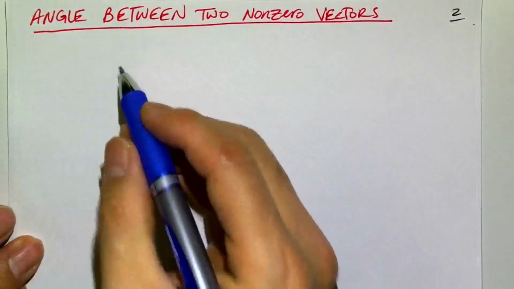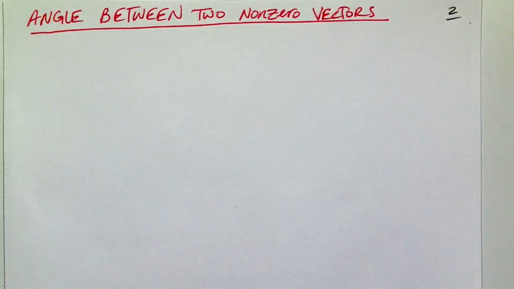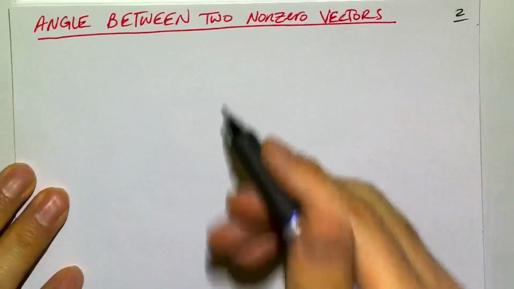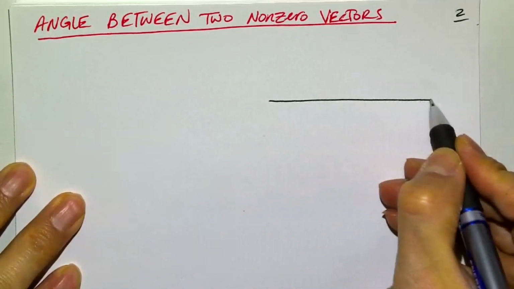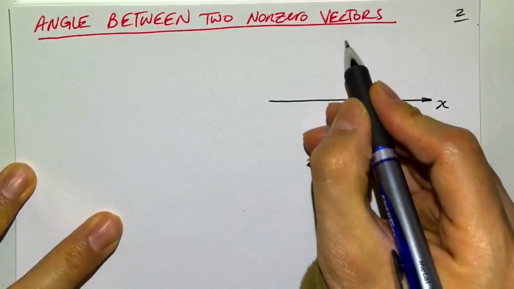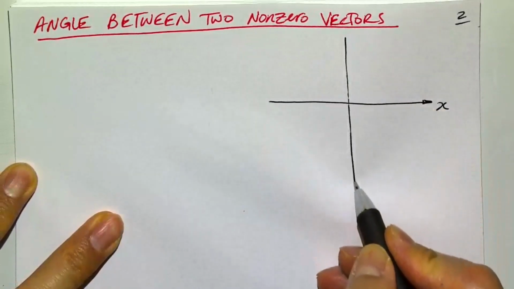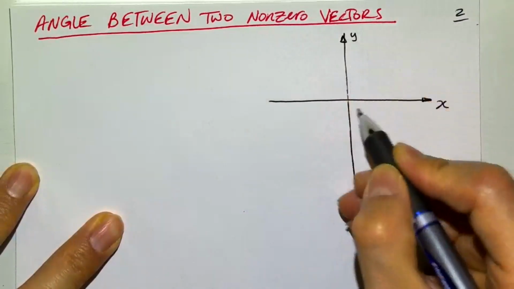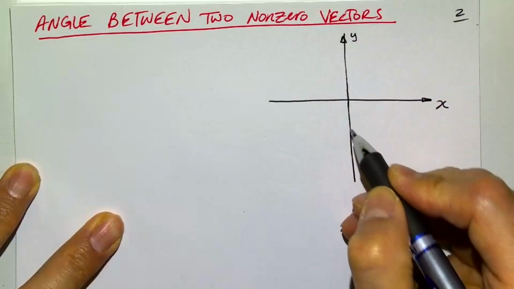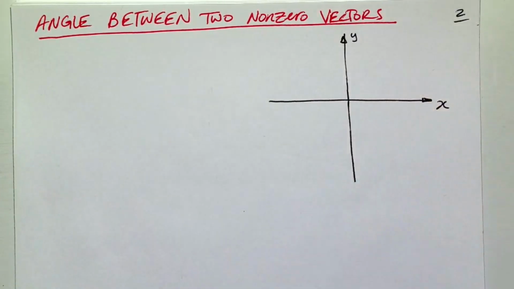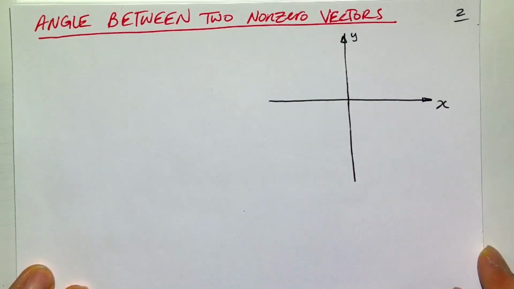So suppose then, let me draw a little basic graph here. Suppose we have this diagram, and suppose we have two vectors.